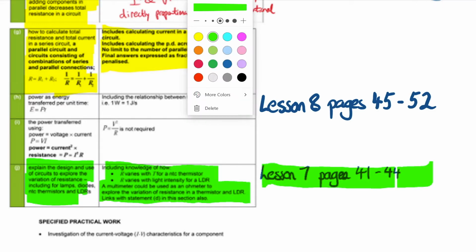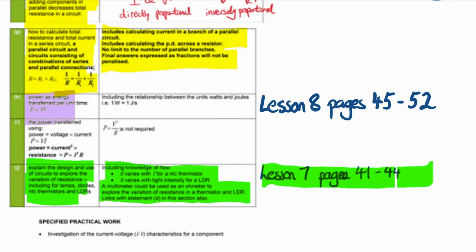The first one is understanding the relationship between energy, power and time. And the second one is a different relationship, which is an electrical relationship between power, voltage and current.